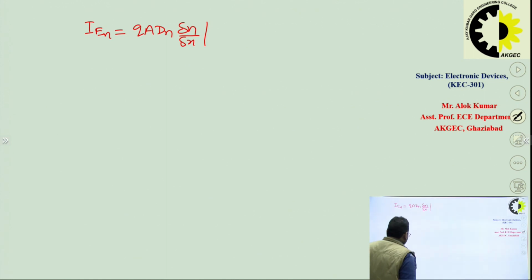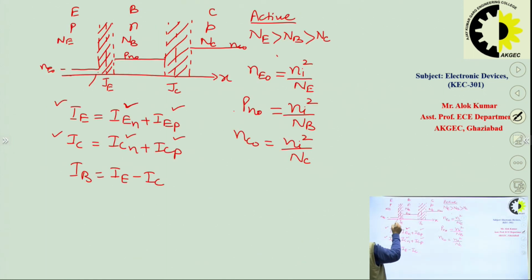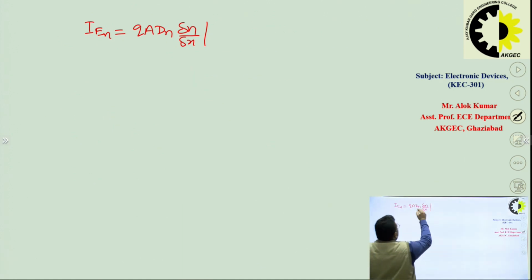Here we have considered this point is at minus xn, and because in this direction we are taking x, here x is 0, and here x is W, that is the width of the base is W, and here this point is xc. With this assumption, we are calculating IEN at x equal to minus xn.